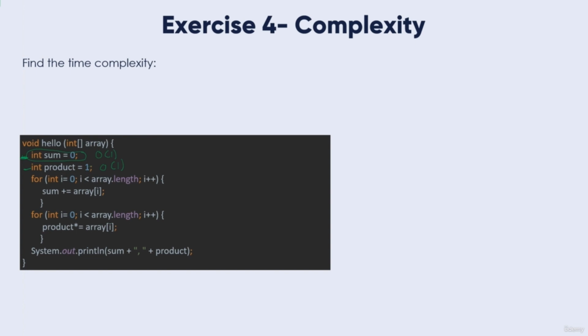We enter the loop: for int i equal to 0, i less than array.length, i plus plus, and do the stuff. This stuff is O of 1. But when going through an array, it is O of n, O of array length.